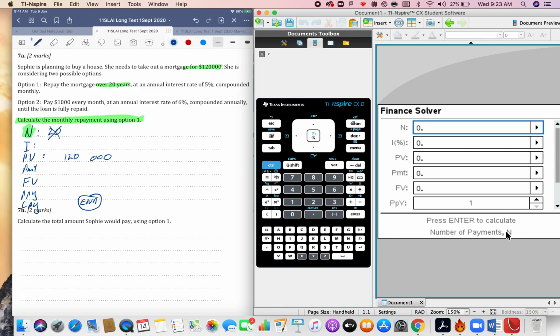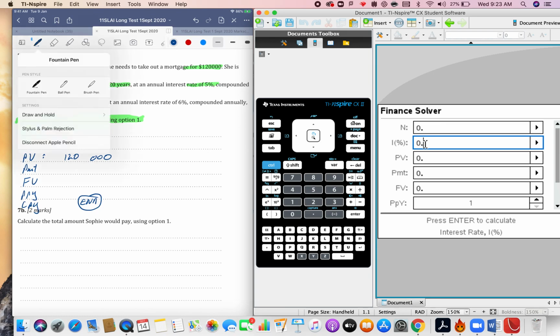It definitely isn't. At an annual interest rate of 5%, that's 5% for the year. If you click on I, it says the interest rate, and this is always the yearly rate. It is compounded monthly.